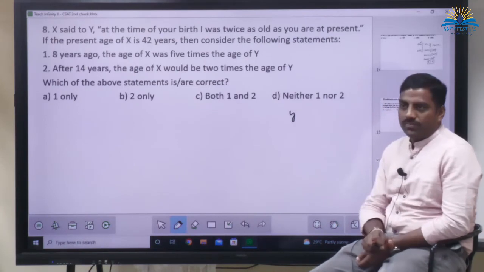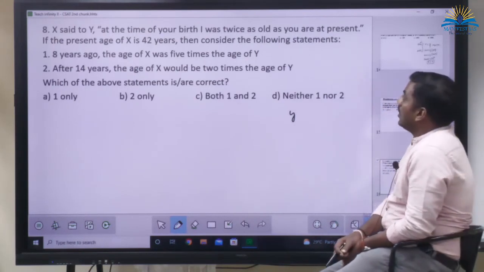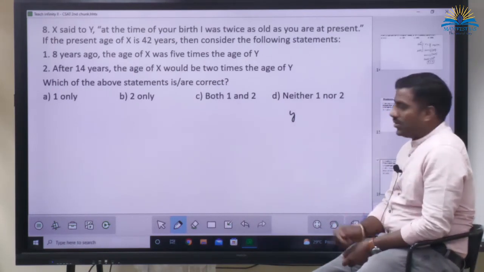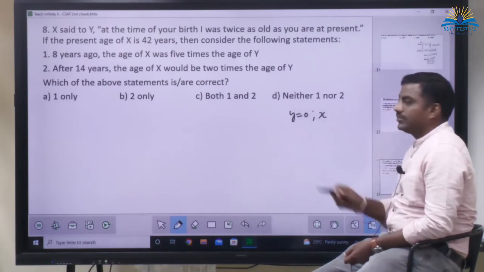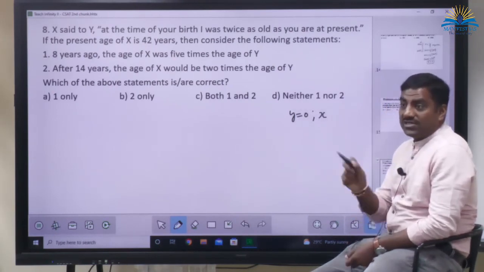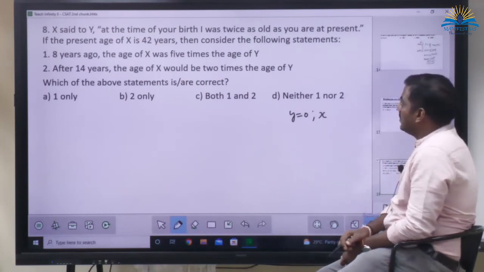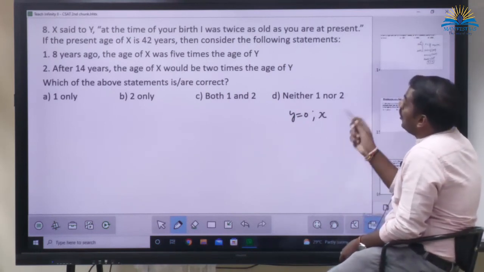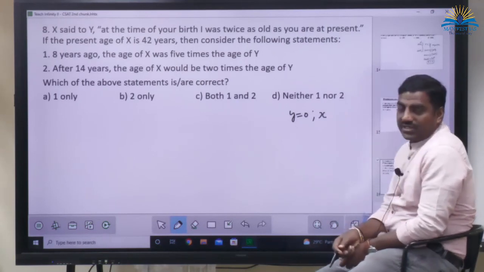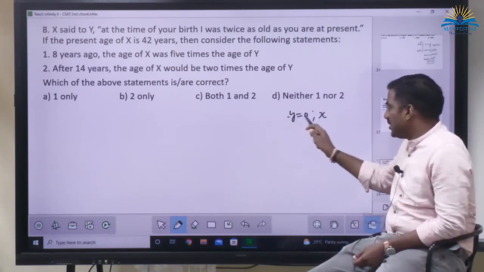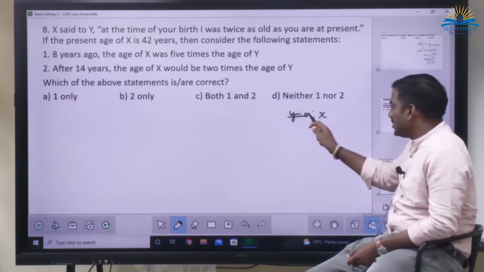Y was 0. Okay, that means X. When Y was 0, X was what? When Y was 0, X was twice as old as you are at present. Don't consider this one.